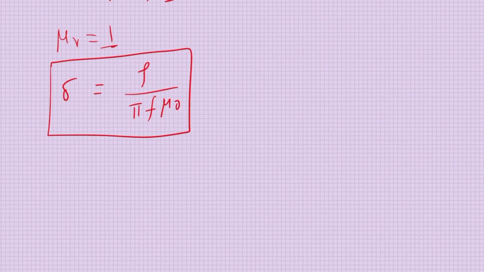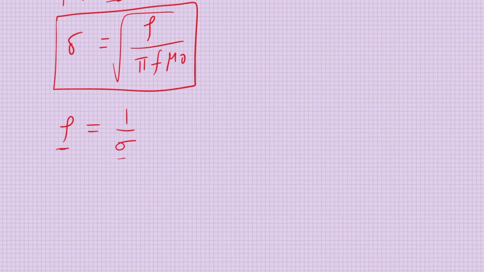Apart from that, we can also modify this relation in different ways. We know that rho is equal to 1 by sigma, that means the resistivity is equal to 1 by conductivity. So I can rewrite this delta relation in the following way.